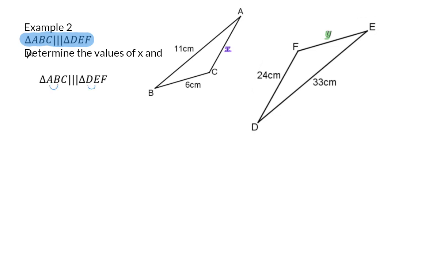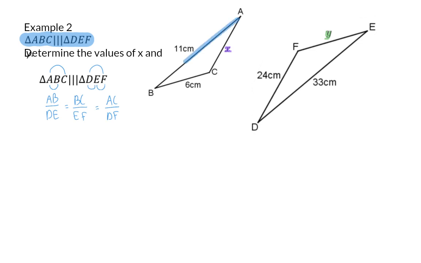Side AB and DE will have the same ratio as side BC and EF, and also the same ratio as side AC and DF. So even though sometimes it might be tricky to determine which sides fit together from the sketch, we can use our similarity.